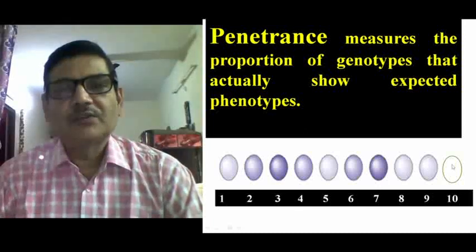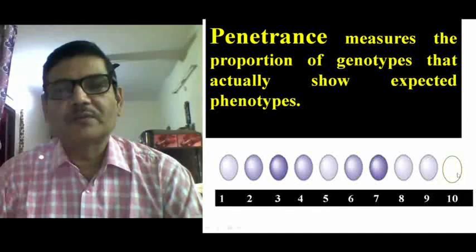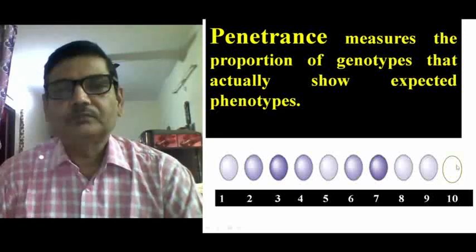So we can say that since all these individuals are of the same type and we expect that there should be presence of color, but we find that one individual out of 10 does not show the trait. It means there is incomplete penetrance in 10% of the individuals.